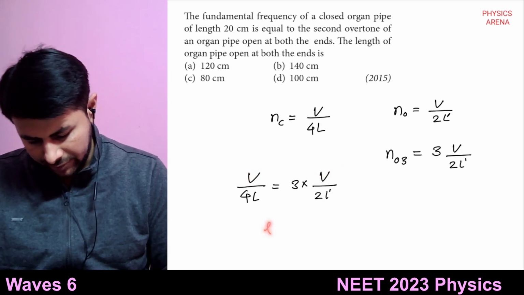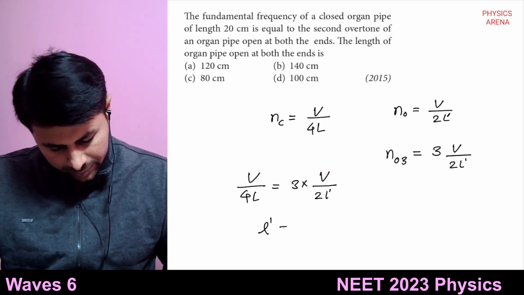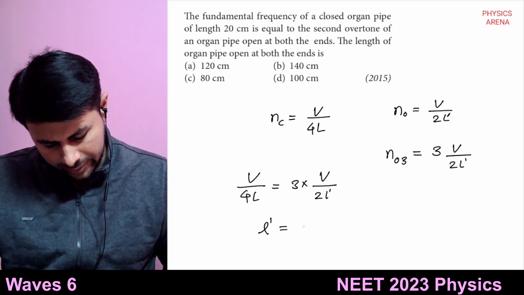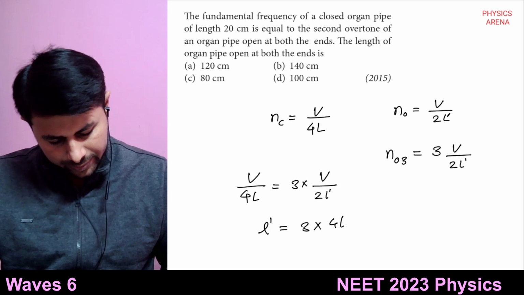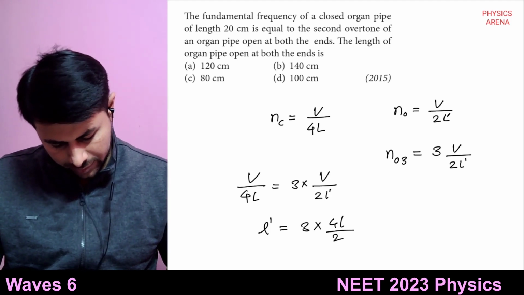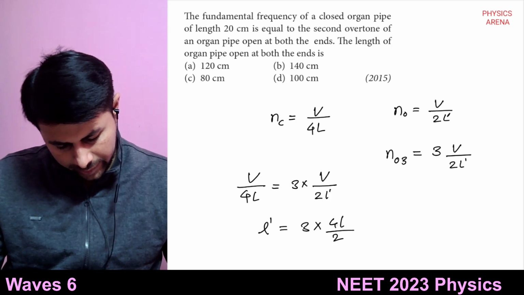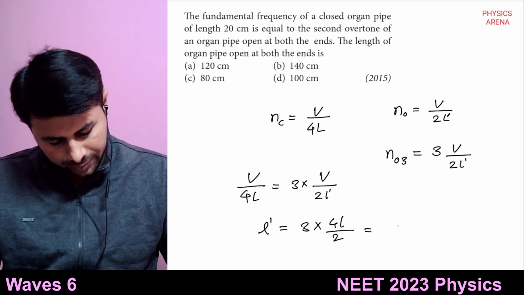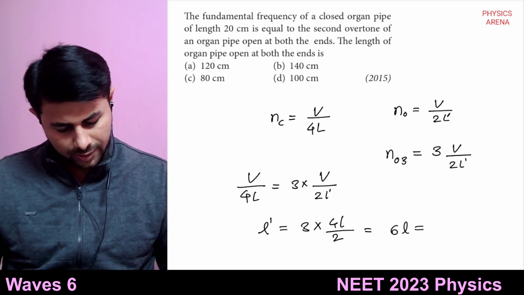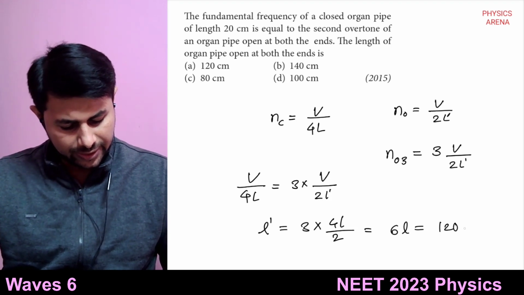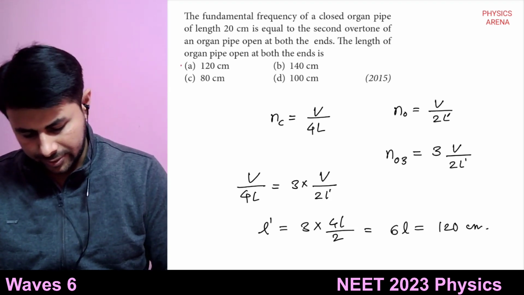L dash is equal to 3 times 4L divided by 2. So it is 6 times L. It is 6 times 20 centimeters, 120 centimeters is the answer. Option A.